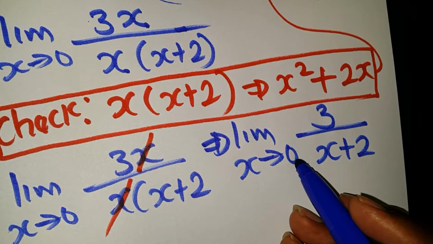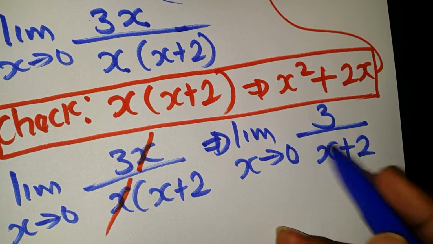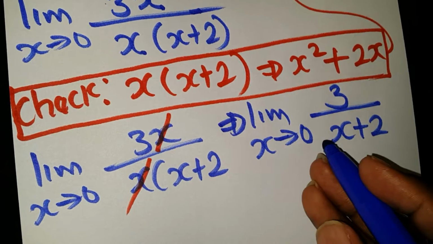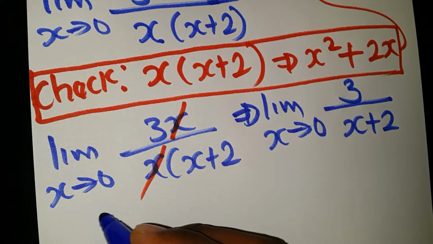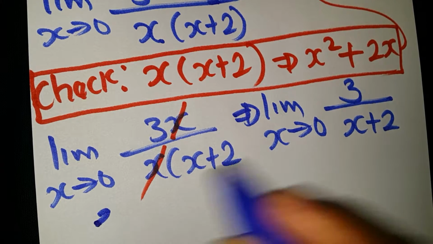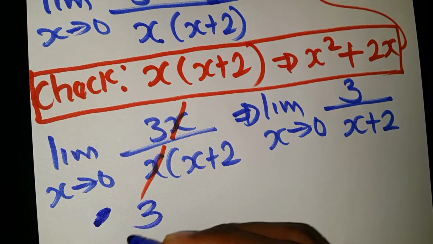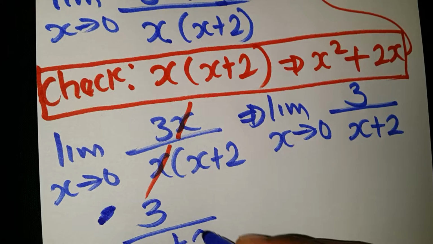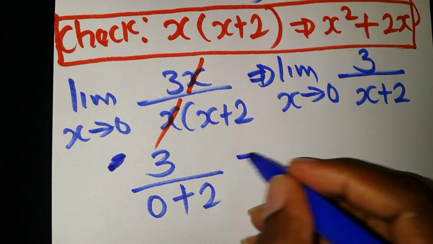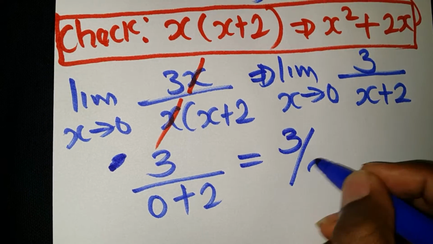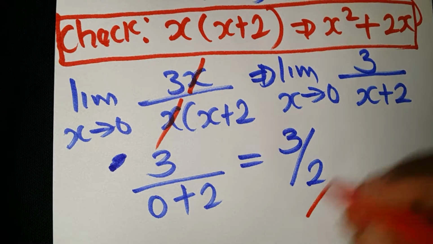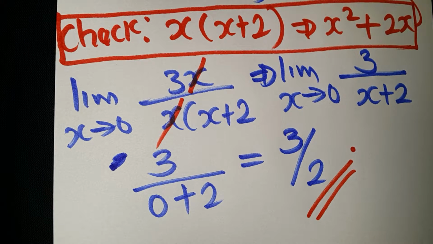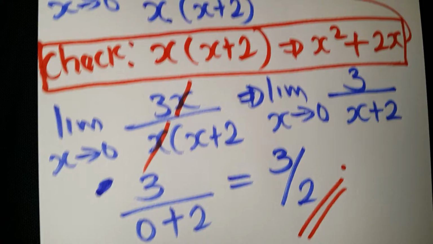So we can now plug in 0 into our function. If we plug in 0 here, we have 3 divided by 0 plus 2, which will be equal to 3/2. So that's our final answer.